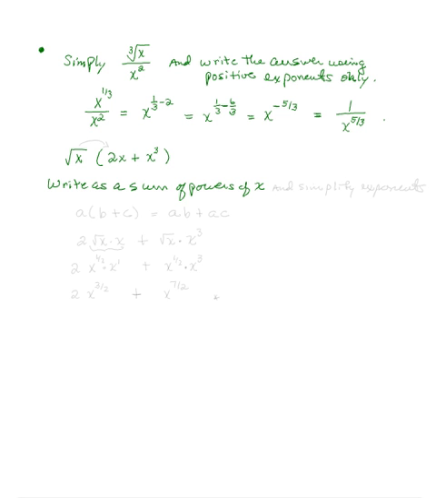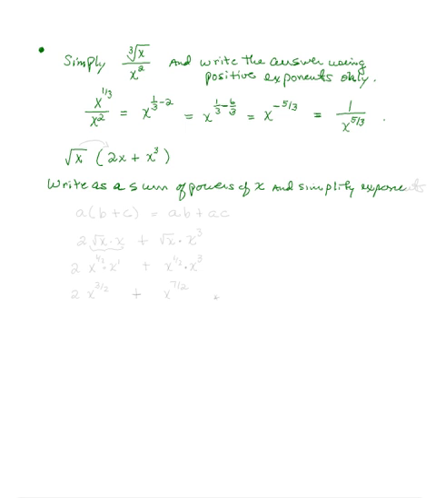Now, as you go through calculus, you'll find out that if you can write something as a sum of powers, you can work with it a lot more easily than you can if it's a product or a quotient like this is. So we want to write this as a sum of powers of x, and we want to simplify the exponents as much as possible.